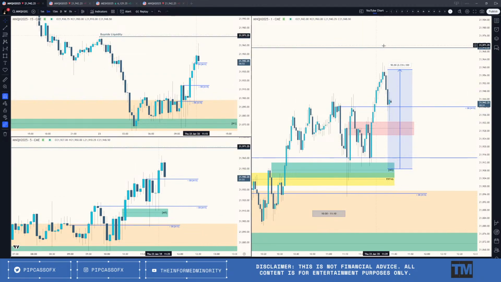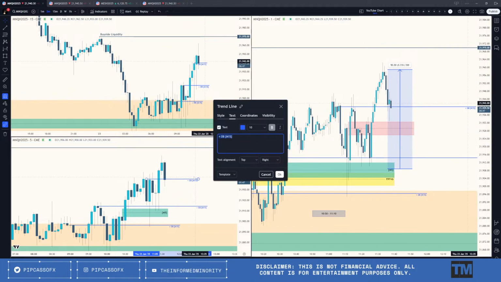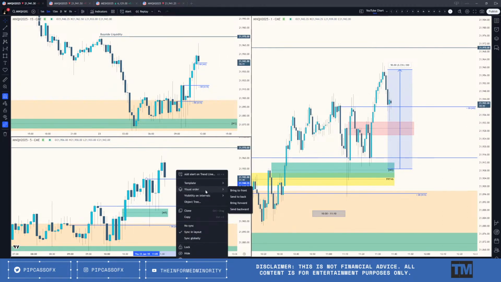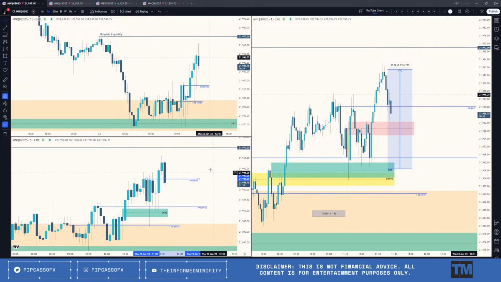How close we were to that? There's no way I'd want it to come back. It should expand there. The fact that it came back down, it's just like, yo, turn the charts off. That's how I feel right now. I'm just looking at this like, what are we doing here?